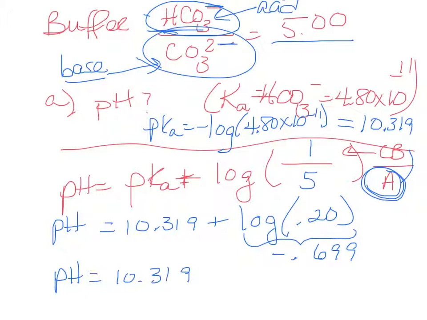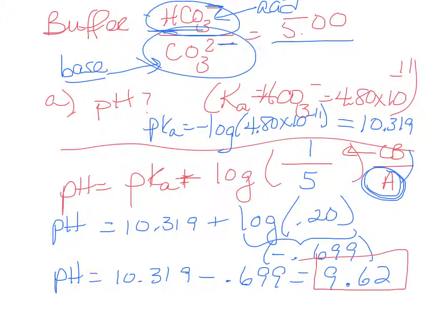Oops, that's a minus also. Log of anything less than 1 is a minus value. And so minus 0.699 equals 9.62. So the whole key is just to remember the base goes on top and acid on the bottom.